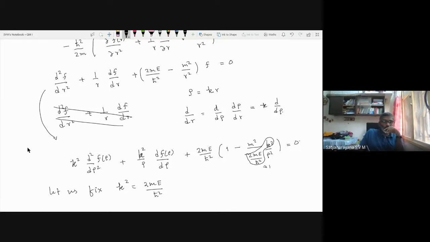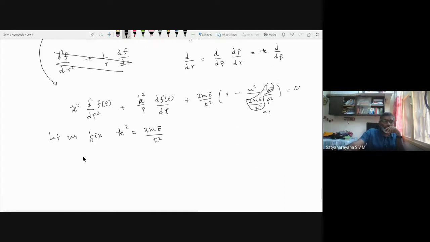Okay, so if I fix that one, then what happens? This is basically k square, and this k square is there in this term, and in this term. So that can be pulled out, and right hand side is 0. So k square is not 0. So whatever is remaining is 0.